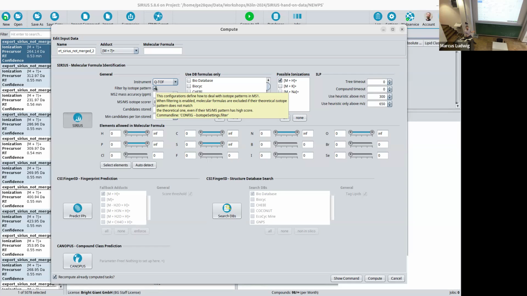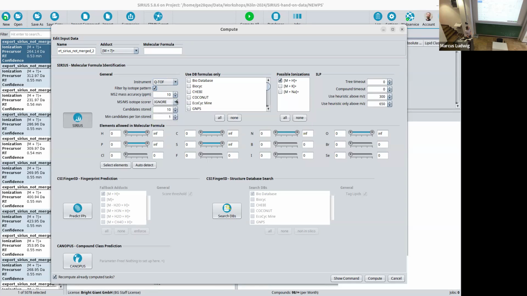But if you realize that often the +1 or +2 peaks are missing from your isotope pattern because you have very low intense features, then probably don't activate it, because if your reference isotope pattern is not that good, it may also throw away your correct molecular formula.